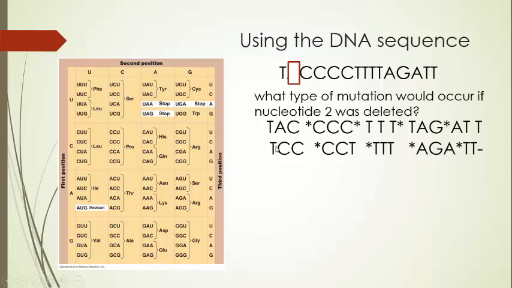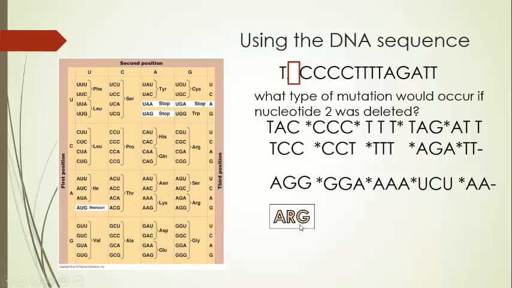So I'm going to take my mutated DNA and I'm going to transcribe it into a mRNA, and I have a dash here because I don't know what else is on the chromosome. So let's go ahead and see what kind of changes we have. So the first thing is we're going to have an ARG.